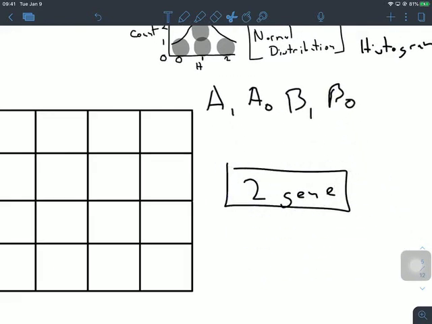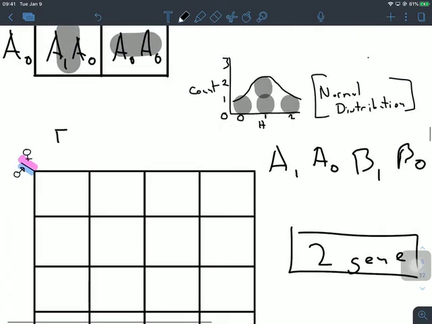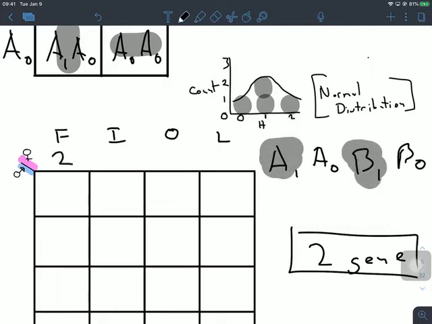So if this is your genotype here, let's do your first, inner, outer, last. If I pair my firsts, A1 and B1, that gives me a height of 2. If I pair my inners, that pairs A0 and B1, that gives me a height of 1.